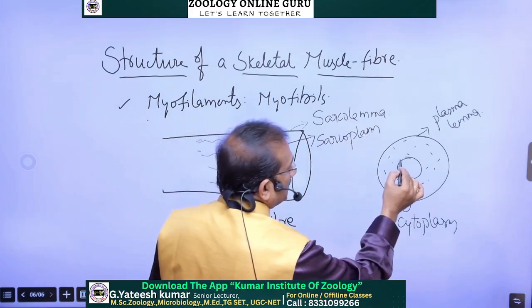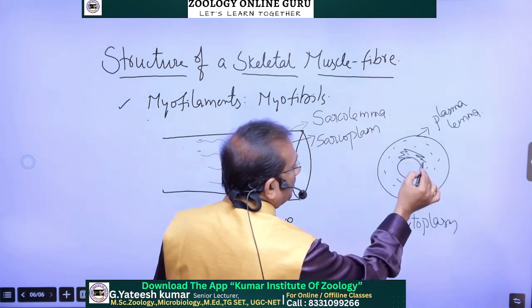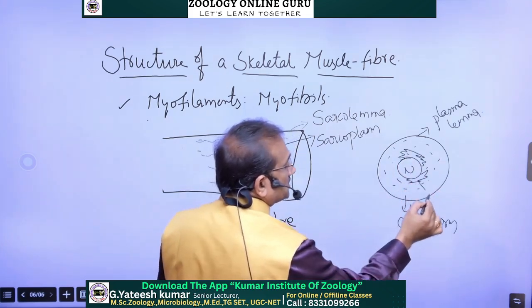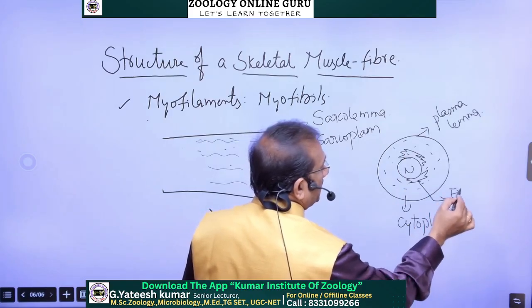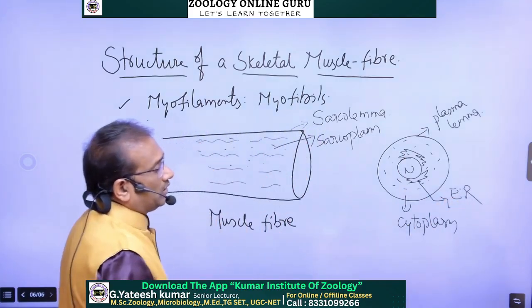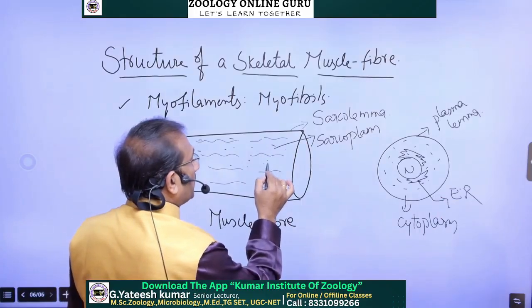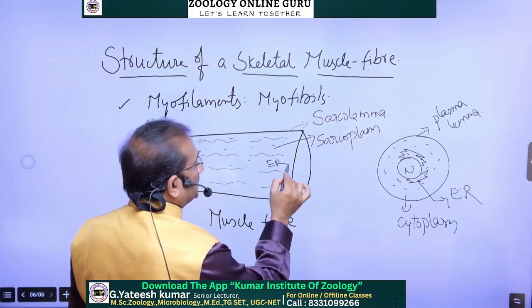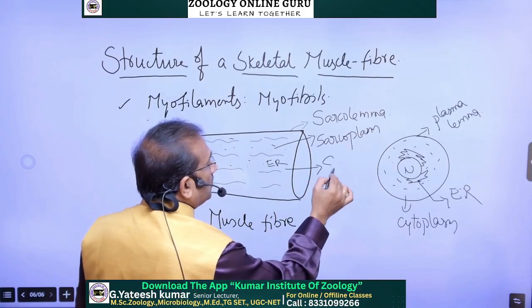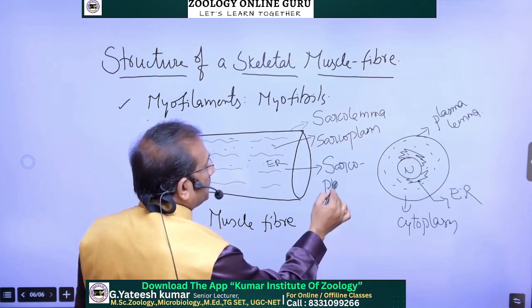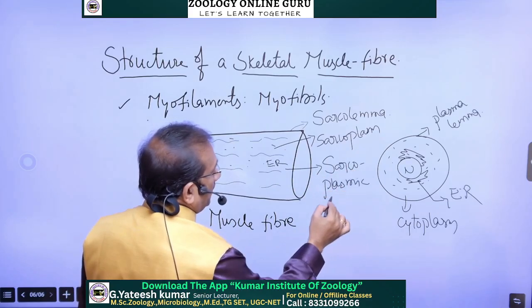The cell organelle attached to the nucleus in our common body cell is the endoplasmic reticulum, and in the muscle cell, it is known as sarcoplasmic reticulum.